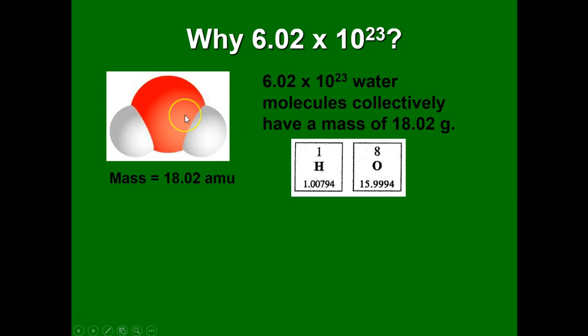Well, it follows based on the logic that I was just expressing on the previous slide, that if I've got 6.02 times 10 to the 23rd of those, or 1 mole of them, then that is going to have a mass of 18.02 grams.